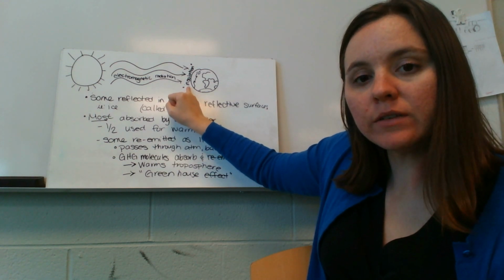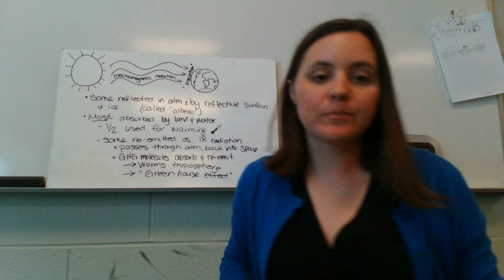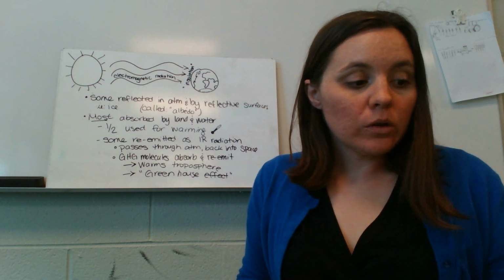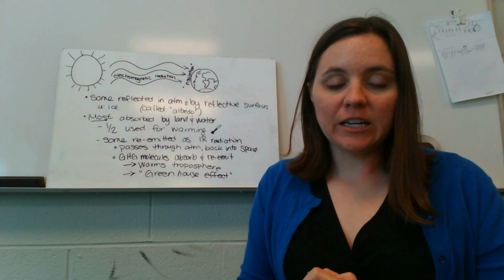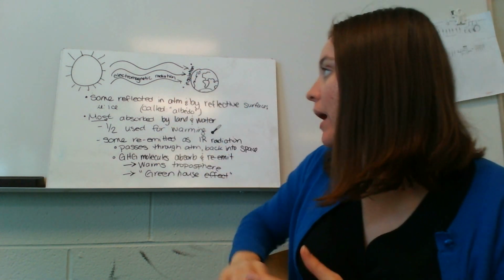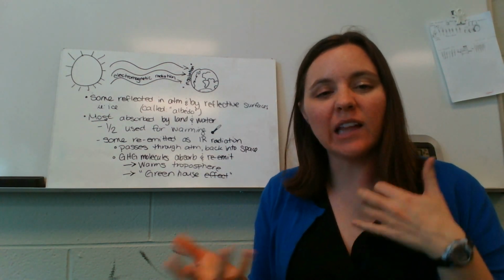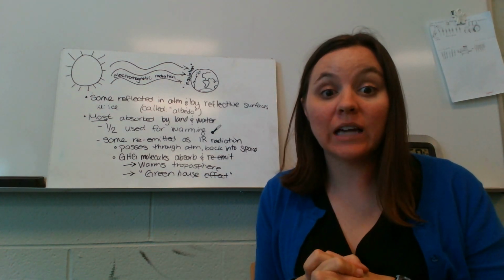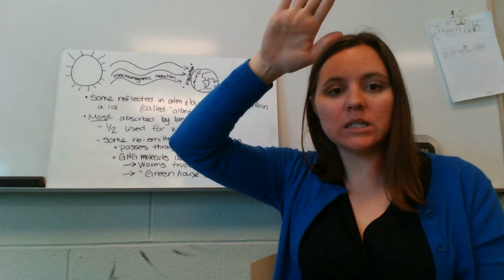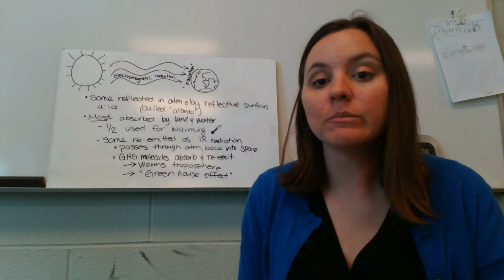So the amount of energy that comes into the Earth's atmosphere is called insolation. So some of that energy that comes into the Earth's atmosphere is reflected by the atmosphere and clouds and other reflective surfaces like ice, and that's called albedo. So when ice bounces the light energy back up into the atmosphere, that's called albedo.